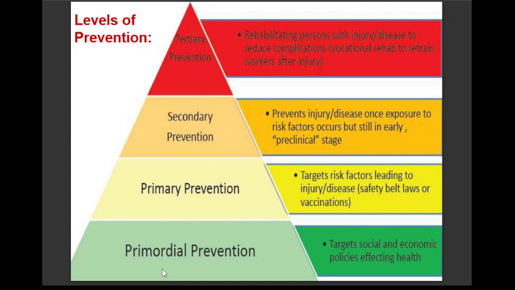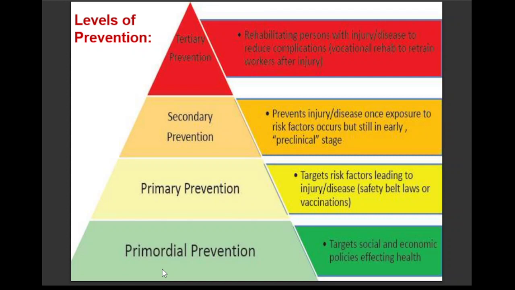What next you have to do is isolate and quarantine yourself for 15 days, avoid public contact, wear a mask throughout the quarantine period, and sanitize the things you touch. So these are the secondary preventions.